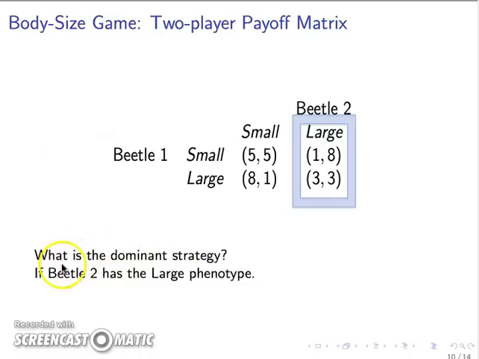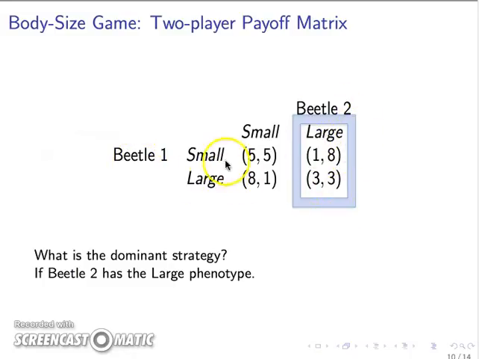So if beetle 2 has a large phenotype, so we're going to assume that beetle 2 is locked into the phenotype of having a large body size, then we're considering, okay, what happens to beetle 1, assuming that beetle 2 is always locked into this.